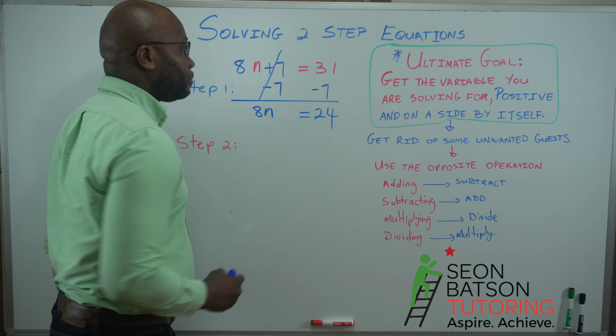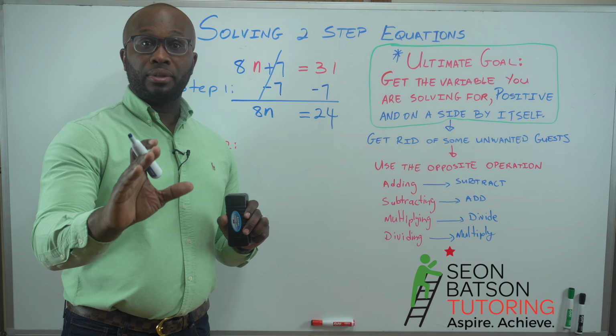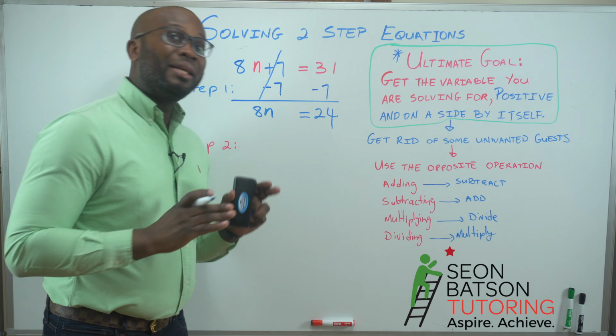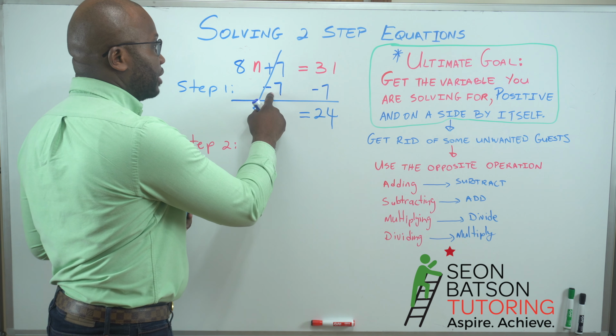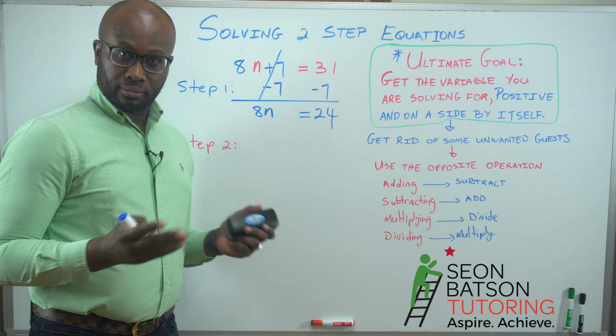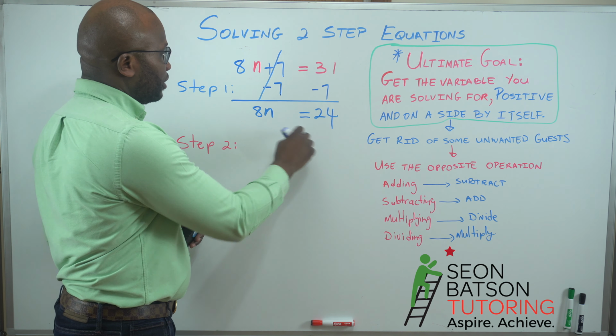Now note, that's the purpose of using the opposite operation. The opposite operation eliminates or gets rid of the unwanted guest. By subtracting 7 here, we got rid of the positive 7. So after step 1, we're left with 8n = 24.